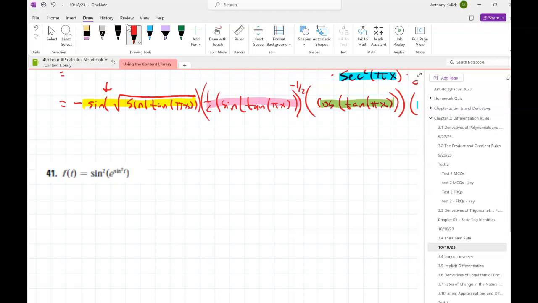What is the outermost function? That's not a function that we can differentiate, though. It's not sine x. It's x squared. Very good, Katie. So remember that sine squared means the same thing as sine of x quantity squared.